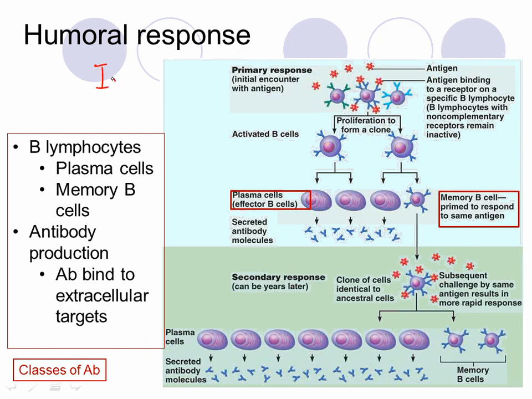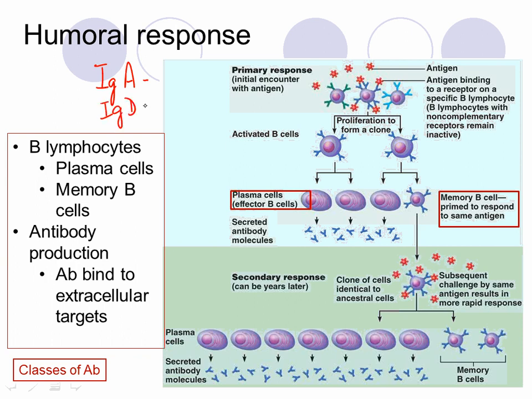The first one is IgA, which stands for immunoglobulin A. This is produced on the body surfaces, in breast milk, and so on.